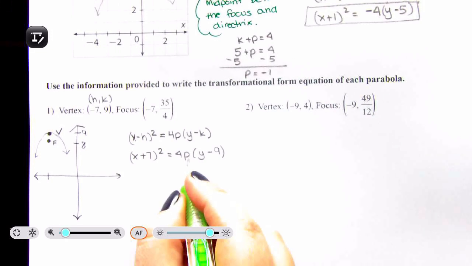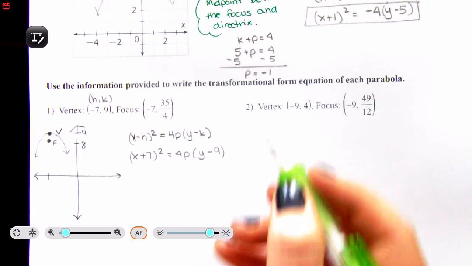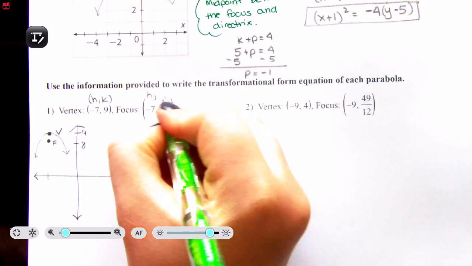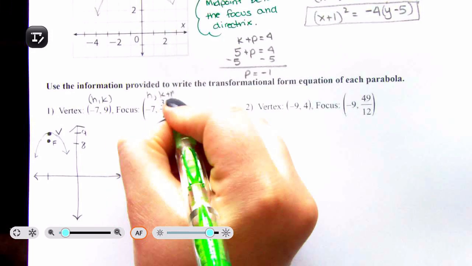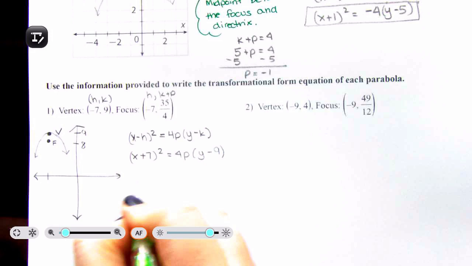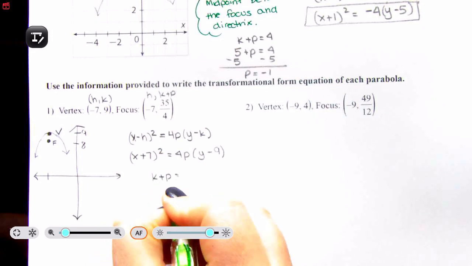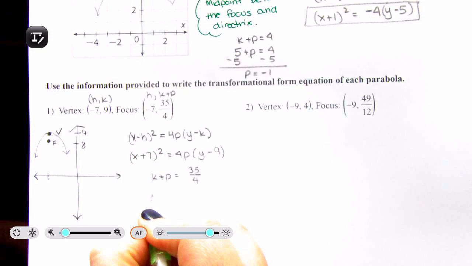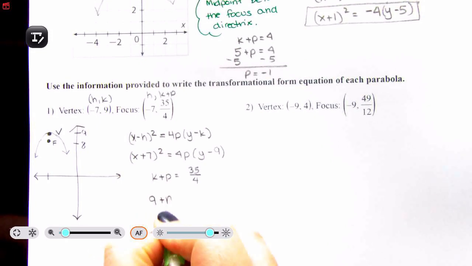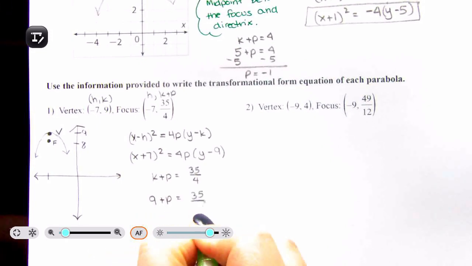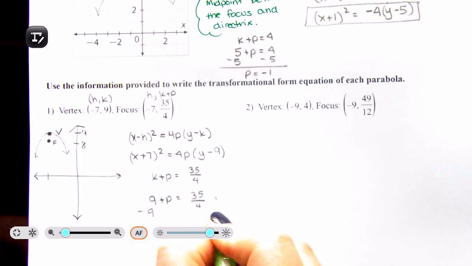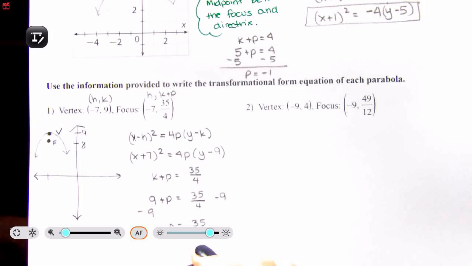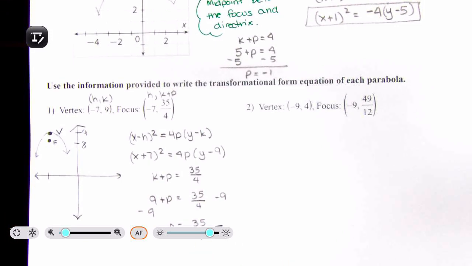We know our focus. Our focus is (h, k + p). So k + p is equal to 35/4. K, what was k equal to? K was equal to 9. So I'm going to subtract 9 from both sides. P is equal to 35/4 minus 9. I'm going to write that as a fraction.